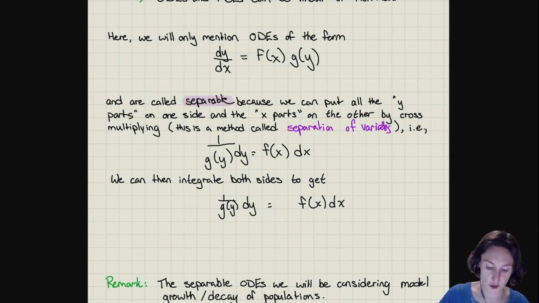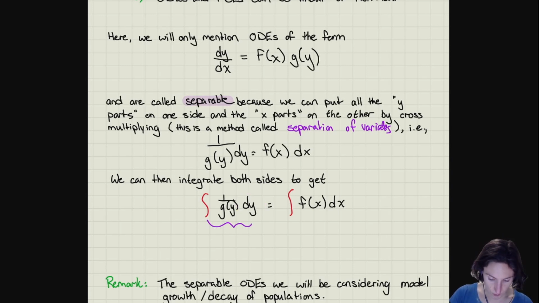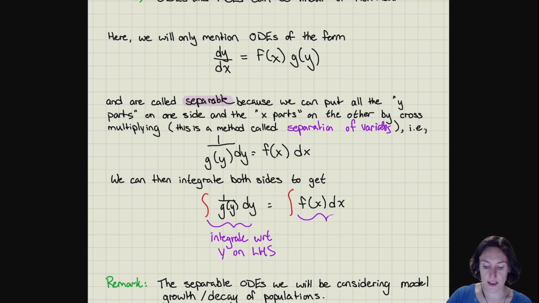When we integrate on either side, it means that on the left-hand side I'm integrating with respect to y. And on the right-hand side, I have my differential x, so when I integrate, I'm integrating with respect to x.